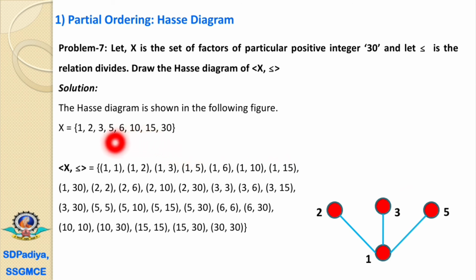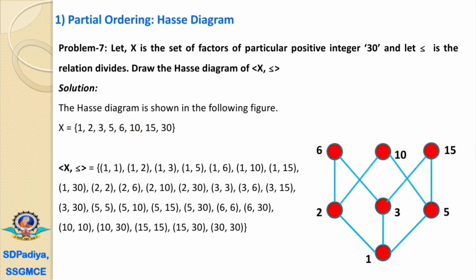Then 5 and 3 have the relation with 15. That's why this 15 will be at the upper level. But if we look at these 3 next elements, that is the 6, 10 and 15, there is no relation between these 3 elements. That's why at the next level there are the 3 elements, the 6, 10 and 15.